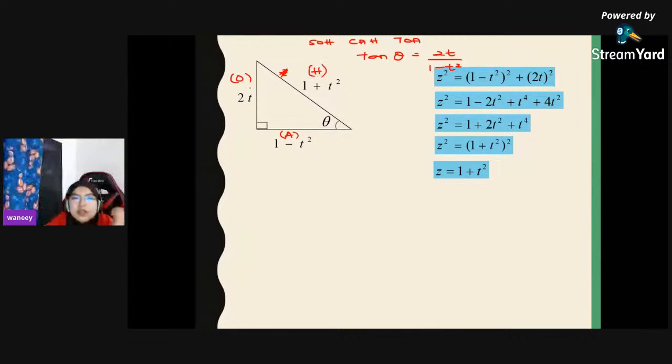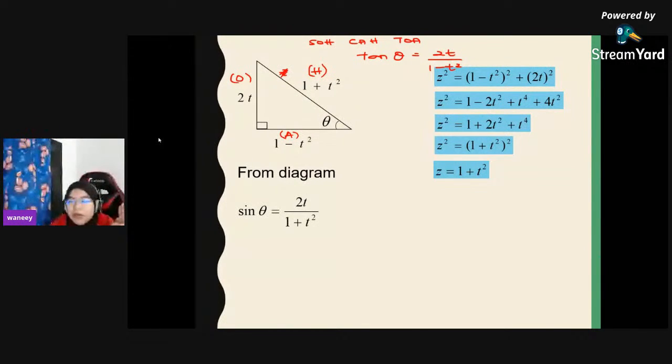SOH CAH TOA. So now let us think a little bit what will happen to the sine. From the diagram, sine is opposite over hypotenuse. So sine of theta will become 2t over 1 plus t square.